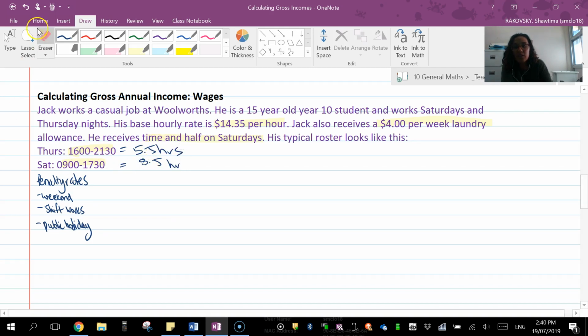Okay, so what we're going to do, I'm just going to put some assumptions in here. We're assuming no breaks. If we do, we don't know how long that break is actually meant to be, and that will impact our answer. The other thing you will assume, because remember we're looking for annual gross income, is no holidays for Jack.